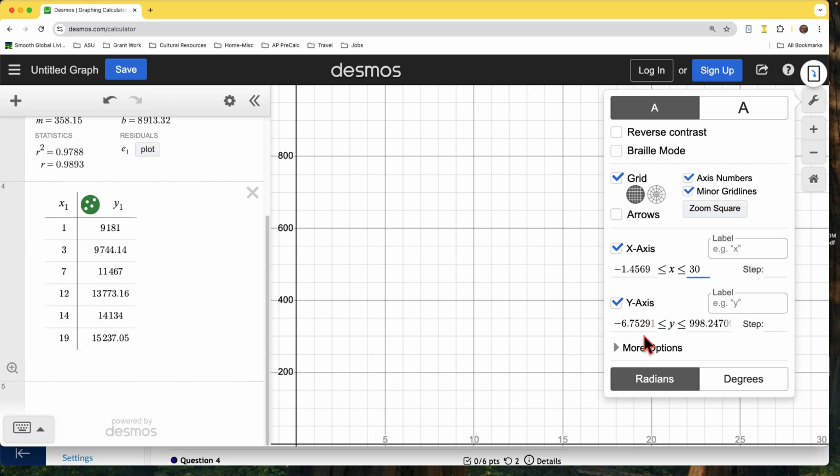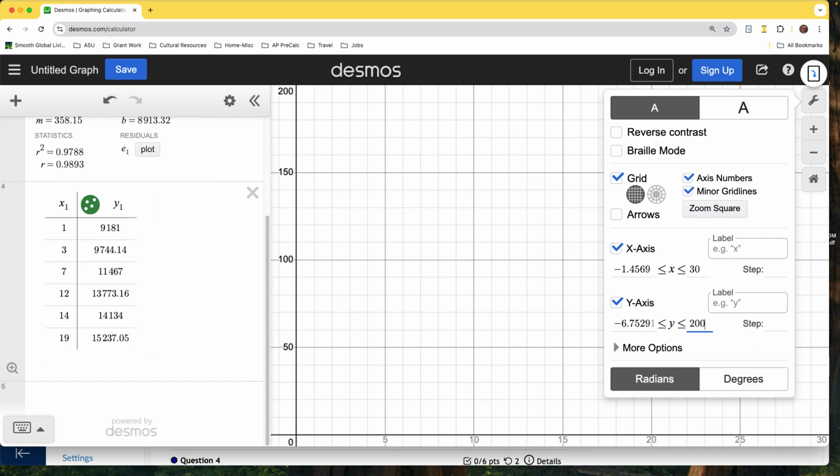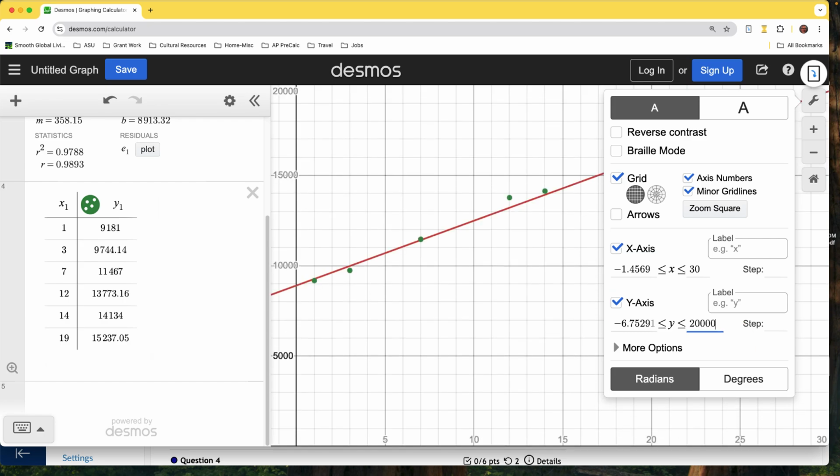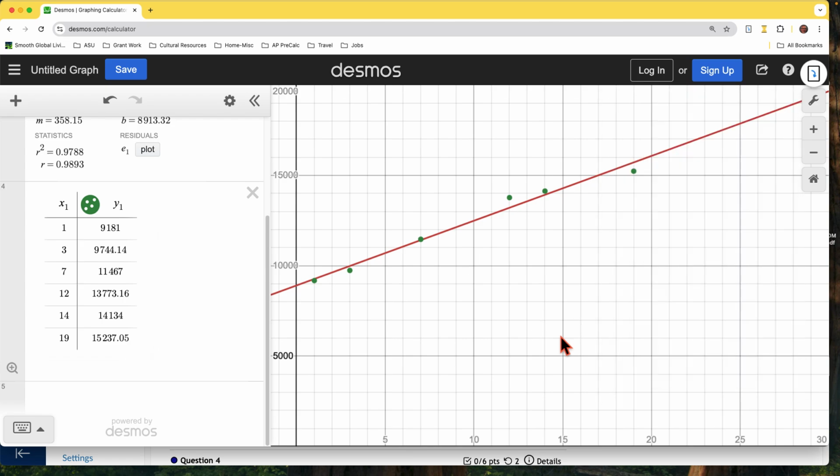The y-axis, negative something to, what's this value? Oh, it's 15,000, right? Maybe I'll make it 20,000. So I make the upper one, again, just enough so I can see everything. There we go. Now I can see it. That's good. You could go to 30, sure, 30,000.